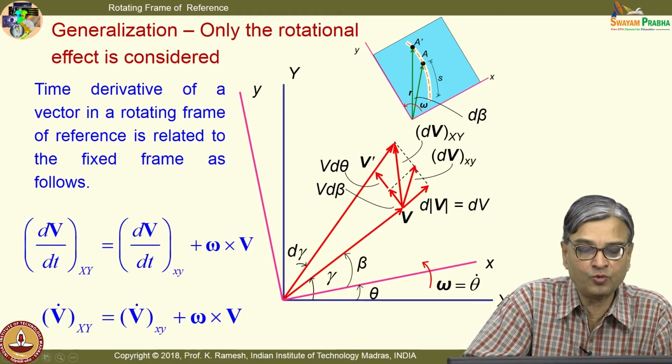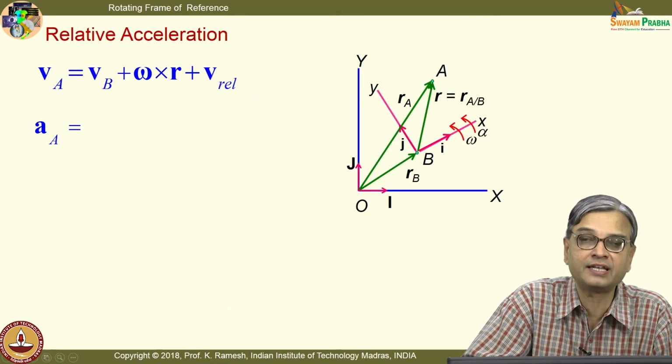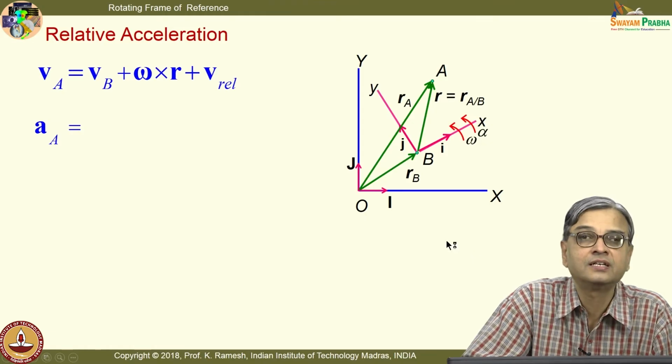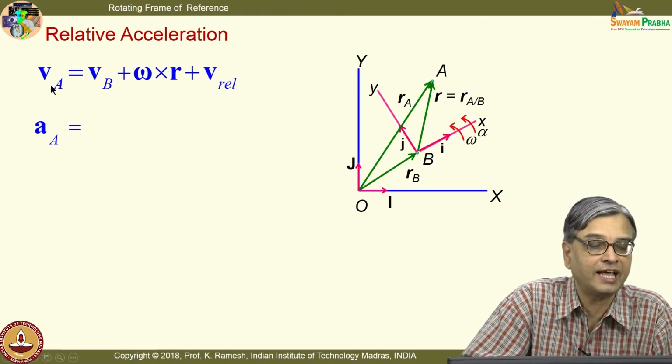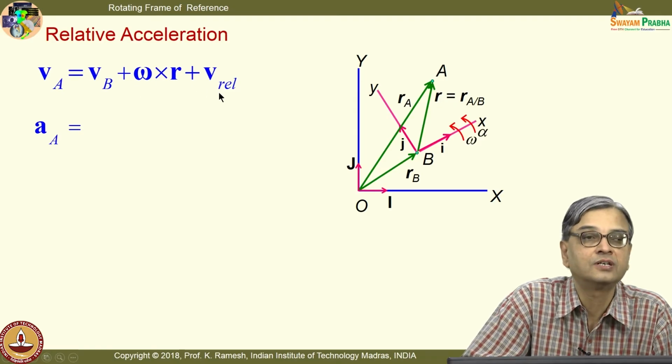Let us now move for developing the acceleration. We start with the expression for velocity. We have velocity A equal to Vb plus omega cross r plus V rel. I have to essentially differentiate this and get the acceleration.